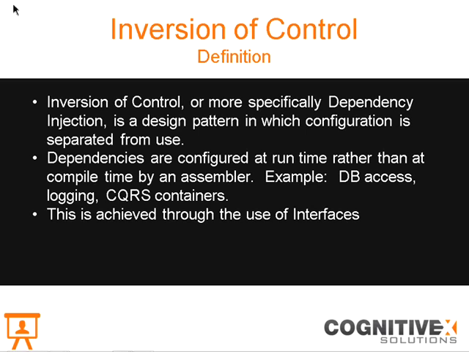In the case of today, we're going to be looking at StructureMap. Have an external system inject those dependencies into the class, so you don't have to worry about what your database system is or how you're doing logging or whatever. It is based around the use of interfaces and having your IOC container worry about the implementation of those interfaces.